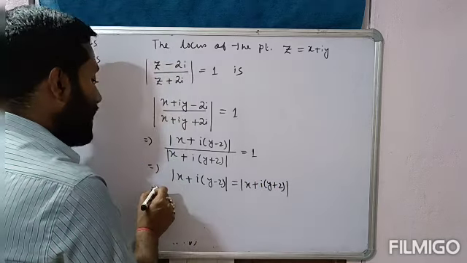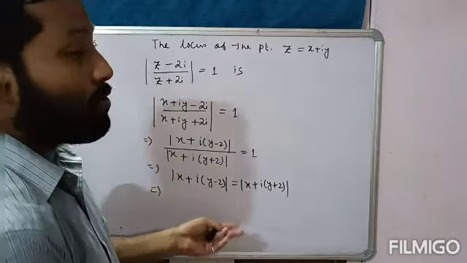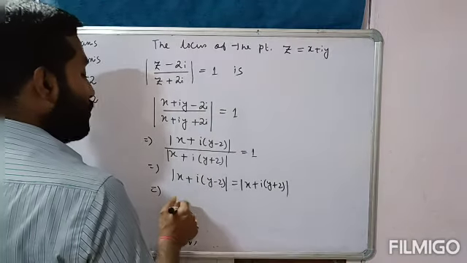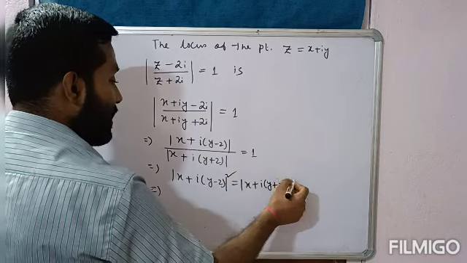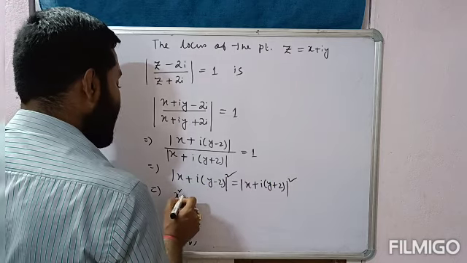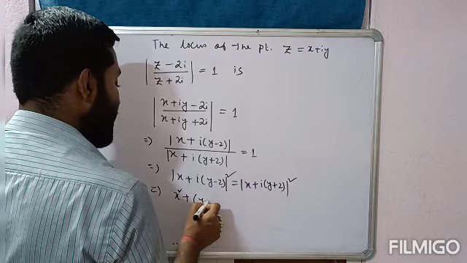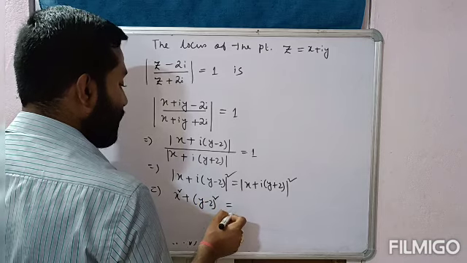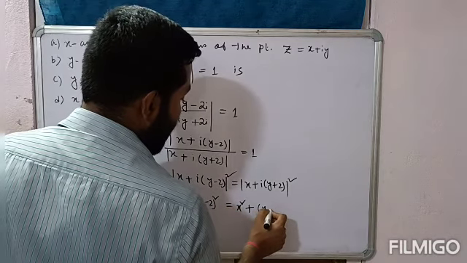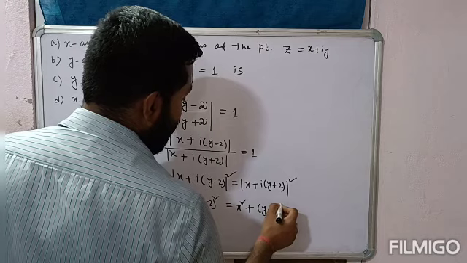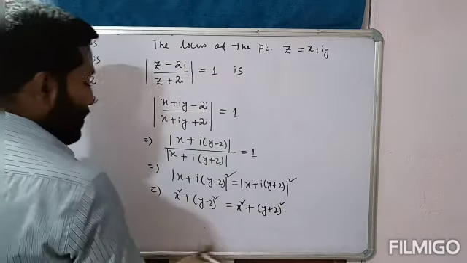ठीक है. क्यों यहाँ पे राइट हैंड साइड में लेके गया? ताकि अभी हम लोग स्क्वायरिंग करेंगे और रूट ओवर को हटाएंगे, बिकॉज मोडुलस है. So try to remove the modulus. So squaring on both sides, then it can be written as x square plus (y minus 2) whole square is equal to x square plus (y plus 2) whole square. Alright.